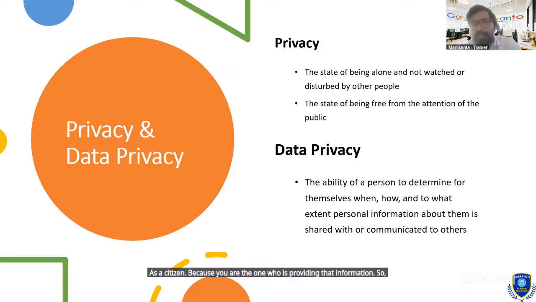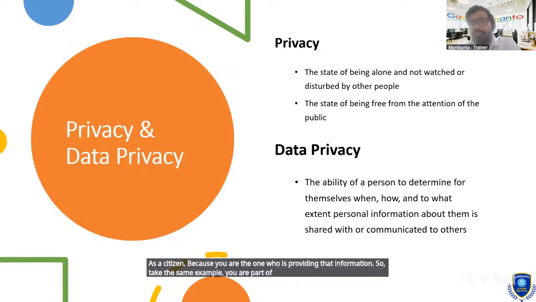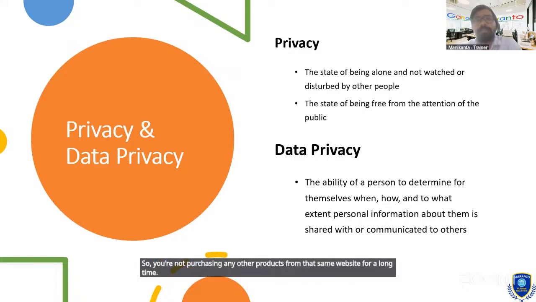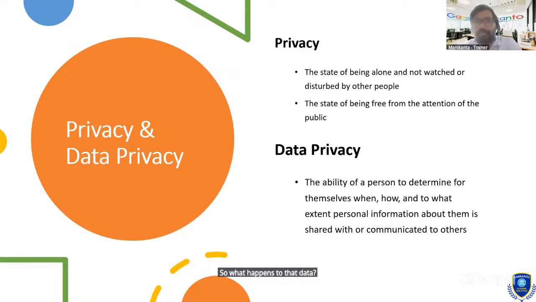Take the same example: you purchased a product and it was delivered to your home, but you don't purchase anything else from that website for a long time. So what happens to that data? The company has to take certain measures because it has to maintain your privacy.